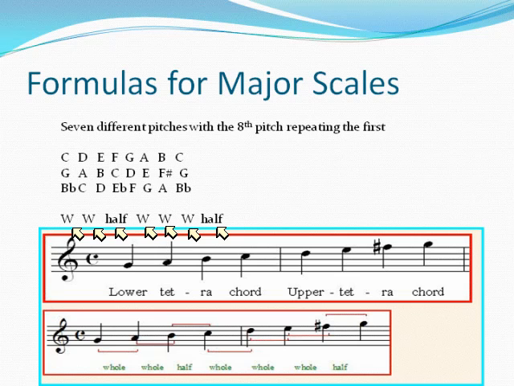So the formula for a major scale is whole, whole, half, whole, whole, whole, half, meaning whole steps and half steps.